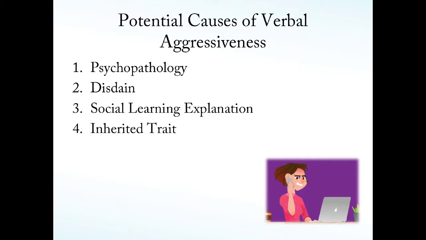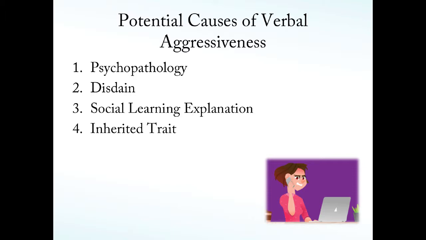The communibiological perspective stands in direct opposition to social learning theory because it says that we would get verbal aggressiveness from our genes. And while the Human Genome Project has come a long way, it hasn't come far enough to say for sure that we get our communication behaviors from our genes.